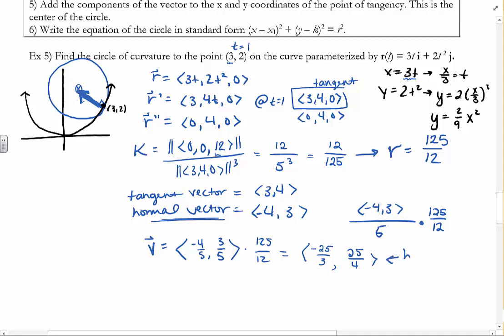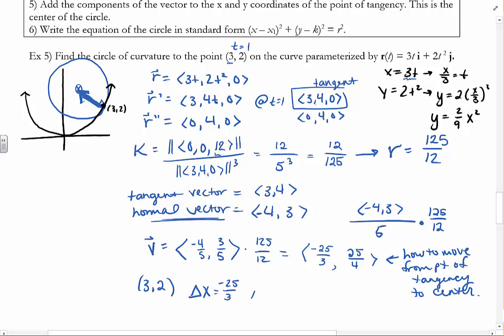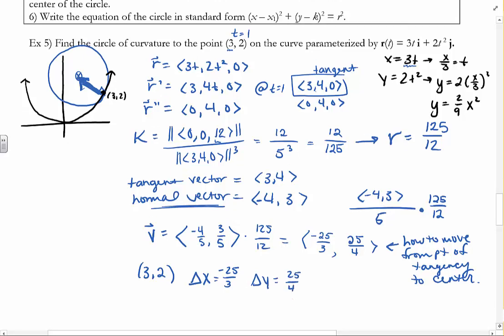This tells me how to move from the point of tangency to the center. That means I'm going to take the point 3, 2, and I am going to have delta x be negative 25 thirds and delta y be 25 fourths.